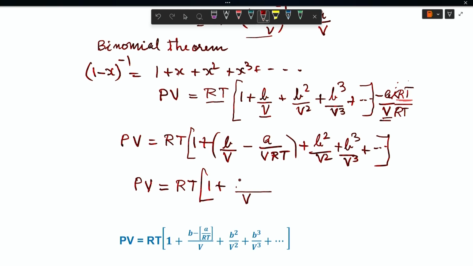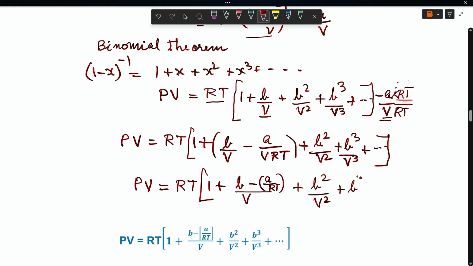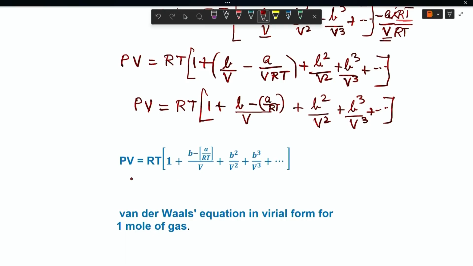Here we will have B minus, I am taking RT to the numerator. So, that becomes A divided by RT, plus B square by V square plus B cube by V cube plus etc. And this is the virial form of van der Waals equation.